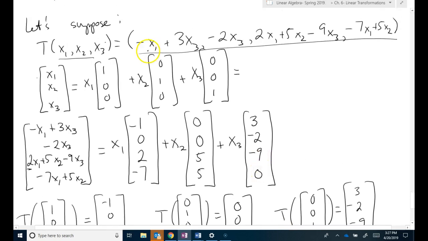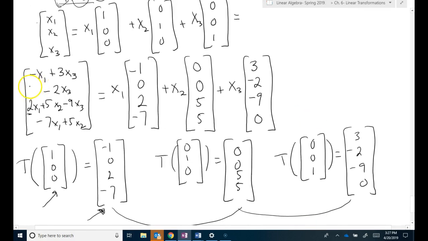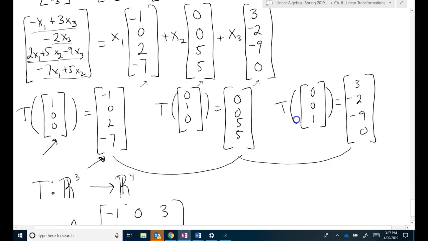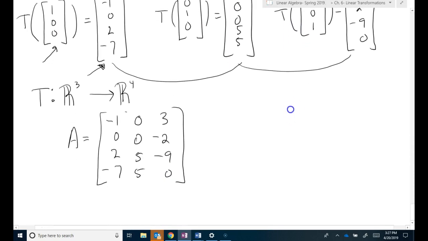I treated these x1, x2, and x3 as scalars, but you can see how they would represent the standard basis. Then I just need to transform my new values into vectors, associate them with the standard basis vectors, and then combine them all to make the matrix of the transformation.